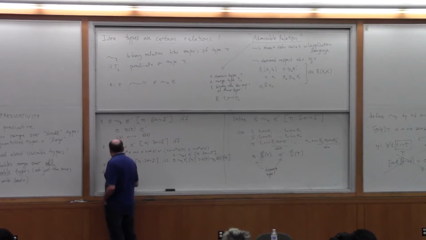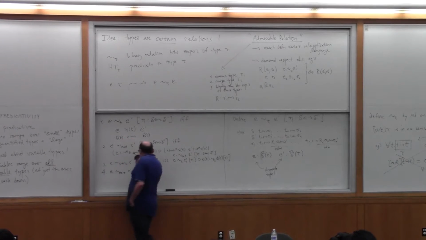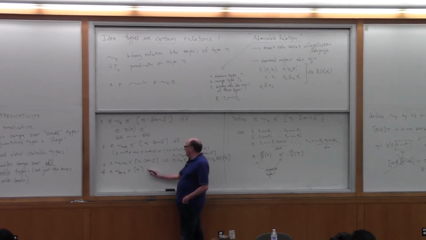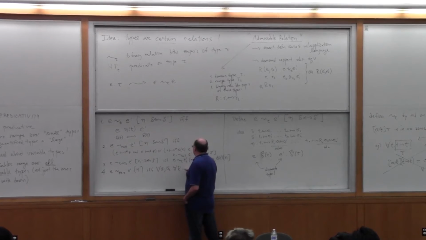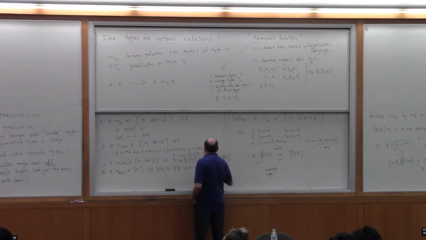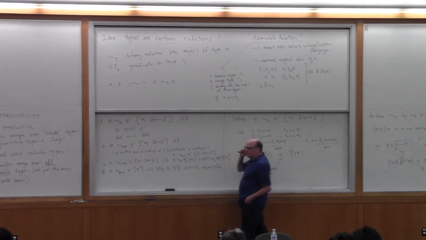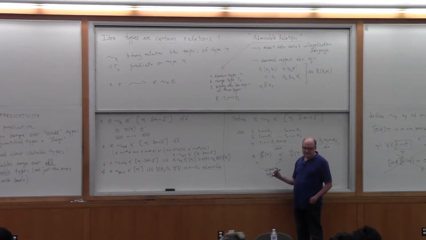The critical thing is how to say it properly. For all t, tau, E is related to E prime modulo eta, if and only if, for every sigma 1 and sigma 2, for every relation between sigma 1 and sigma 2 which is admissible, so everything is parameterized on the criterion of admissibility.